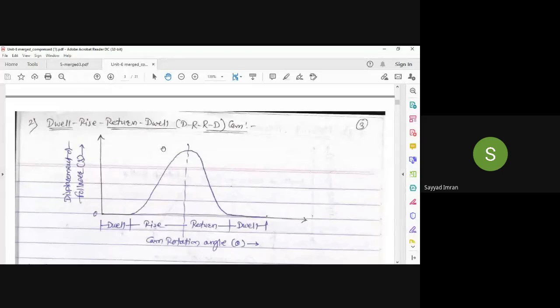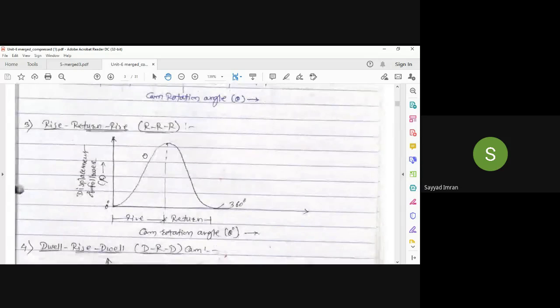Next one is the dwell, rise, return, dwell cam. Here there is a dwell, then rise and return. After rise, again immediately return, so there is no dwell in between. After that, dwell. So dwell, rise, return, dwell. Here is the displacement of the follower.